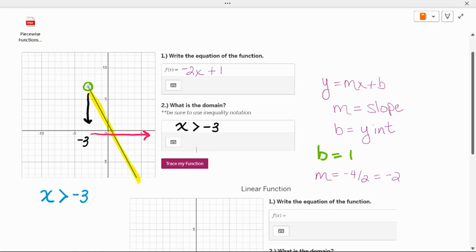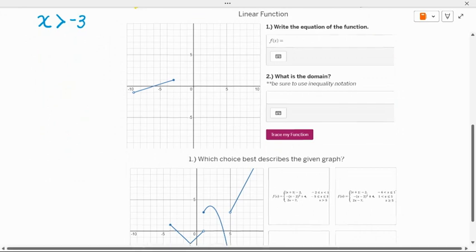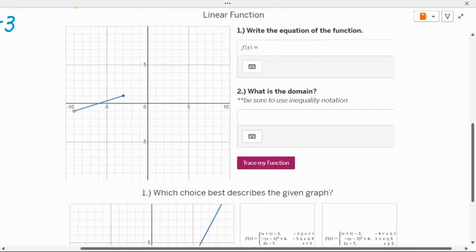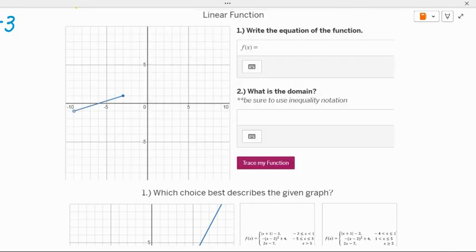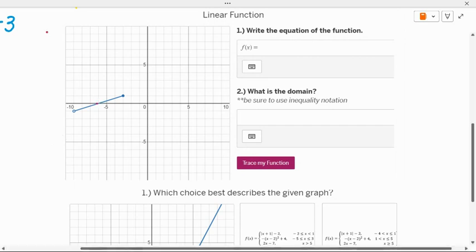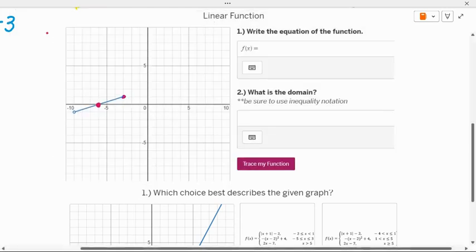All right, so let's look at the next linear function. You see on this linear function, we actually don't cross the y-axis. So we're going to have to do some thinking. If I look at my slope, I see that I cross a grid line here and here.